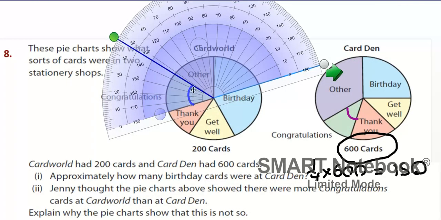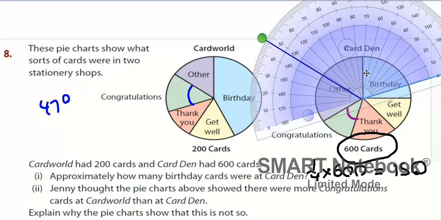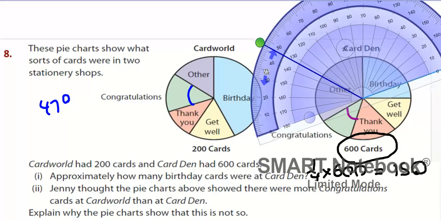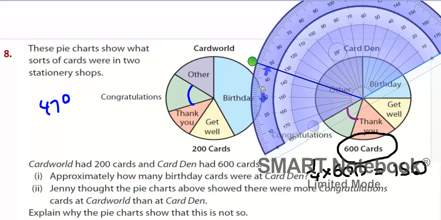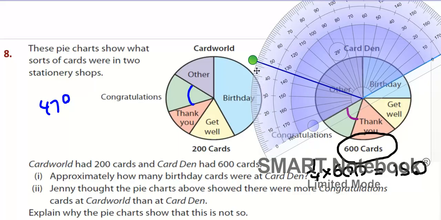I'm getting 47 degrees for this when I measure it. Below 50, about 47 degrees. So 47 for the blue angle, and for the purple angle, which I'll do in a second. For the purple angle, is it 50 degrees?